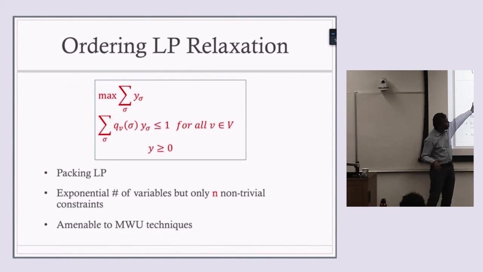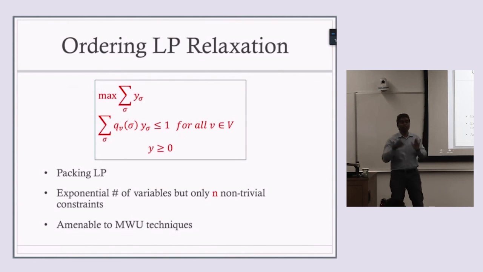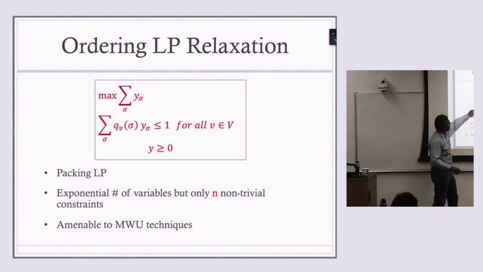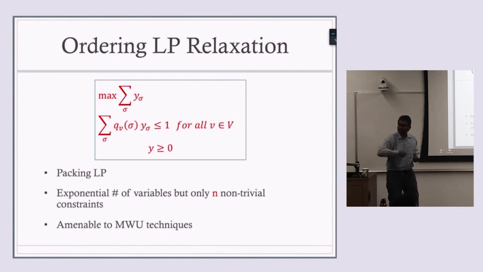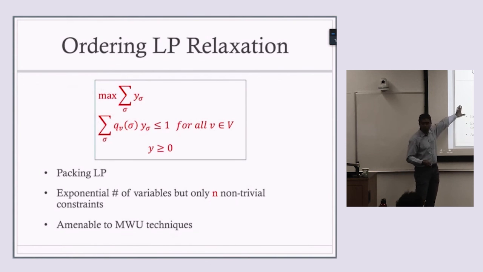I won't explain it too much, but it is written with an exponential number of variables and a polynomial number of constraints, where each variable corresponds to an ordering of the ground set. The only thing I want you to take away is that this greedy algorithm is creating many orderings along the way. It's hard to understand those orderings without orderings being a first-class object. And this LP, even in the supermodular setting, is expressing that relaxation in a different way where the objects are actually orderings.